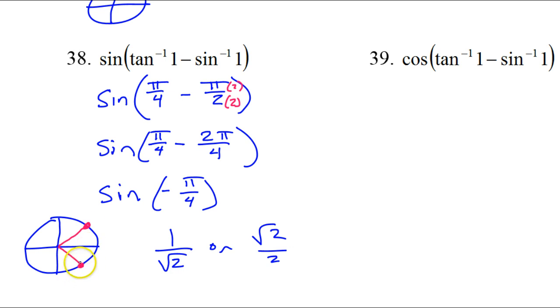Well, remember that the sine is a y value on the unit circle, and y values are negative below the x-axis. So that means these should be negative. So that's going to be the answer: negative 1 over radical 2, or negative radical 2 over 2.